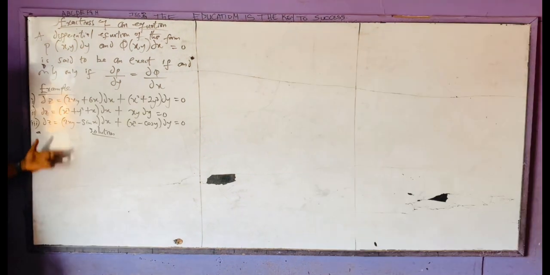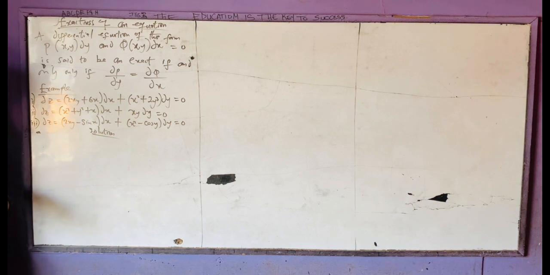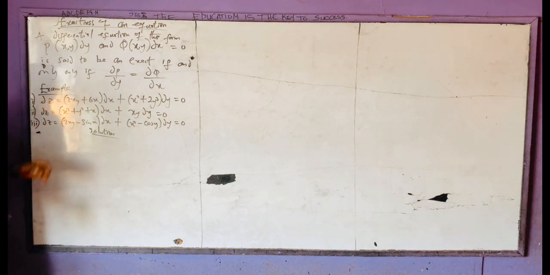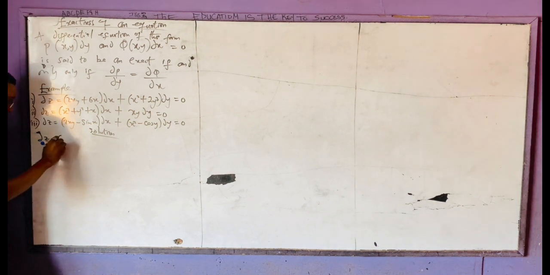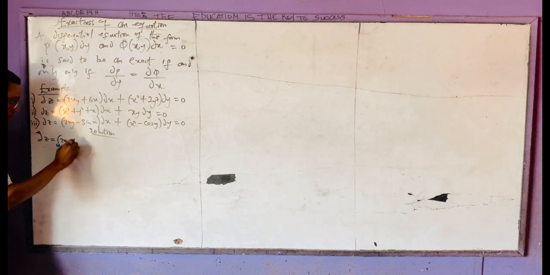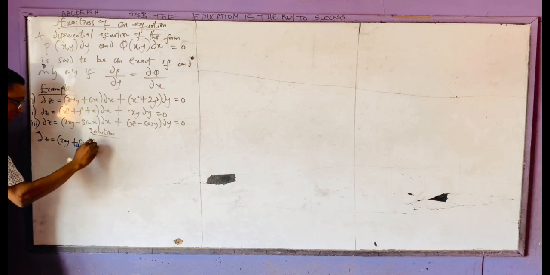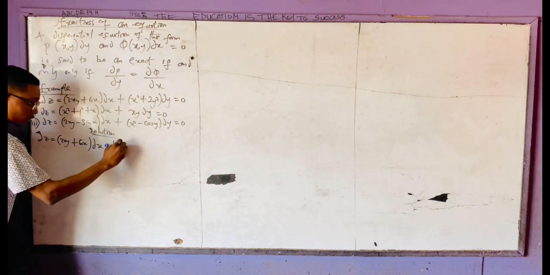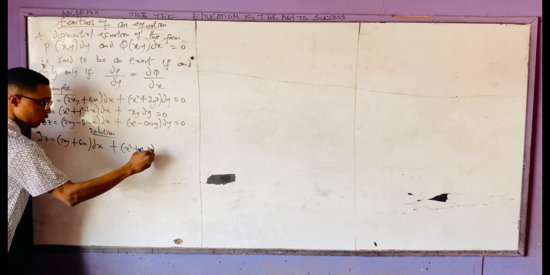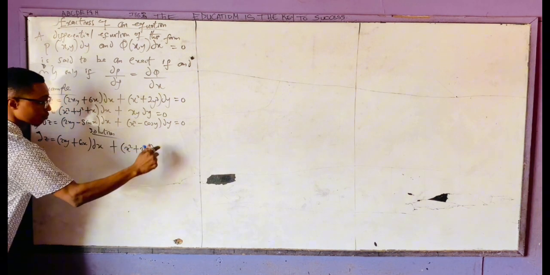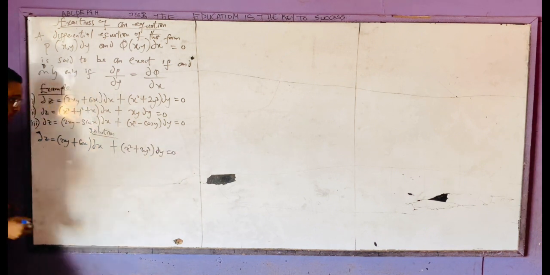We have 3 questions before us and we are expected to solve these questions using the application of exactness of an equation. It's very simple. We have dz equals (2xy plus 6x) dx plus (x squared plus 2y cubed) dy equals 0.